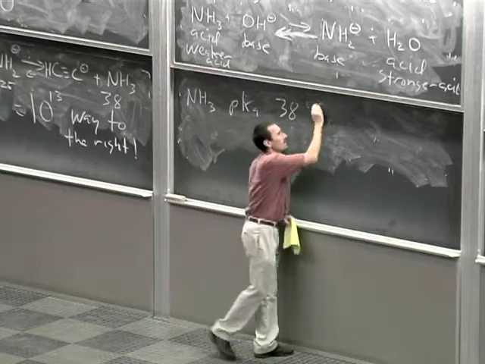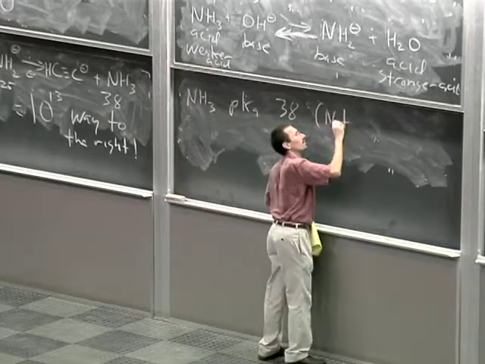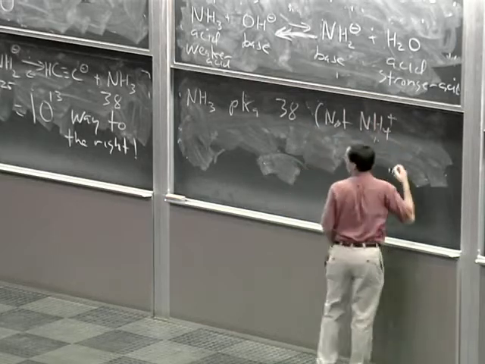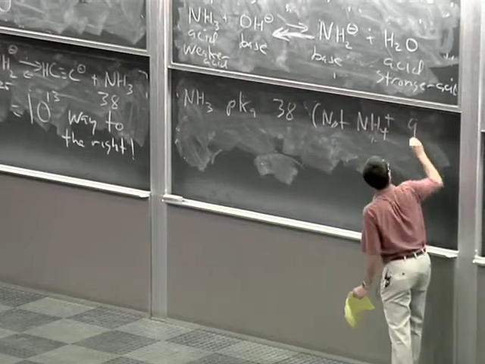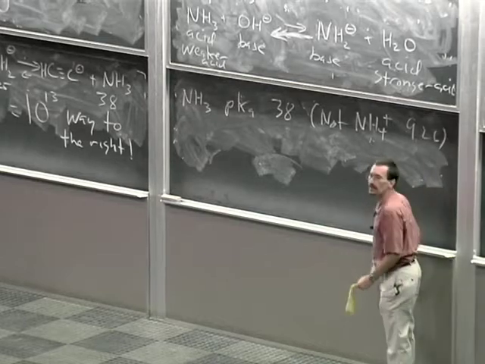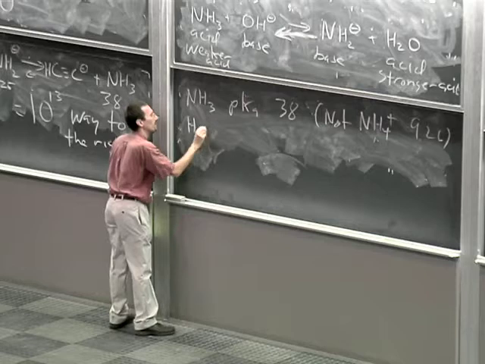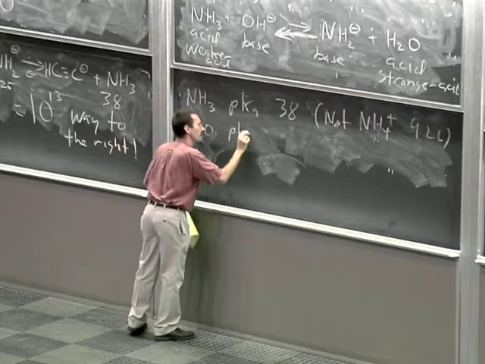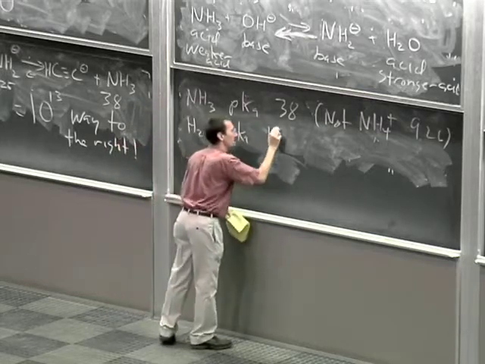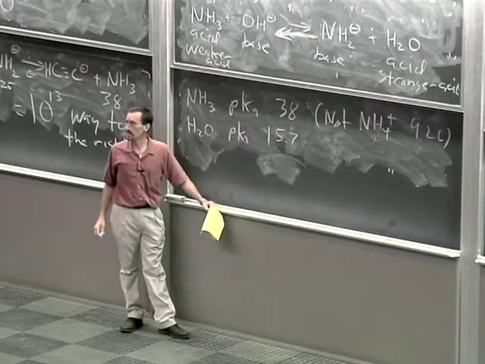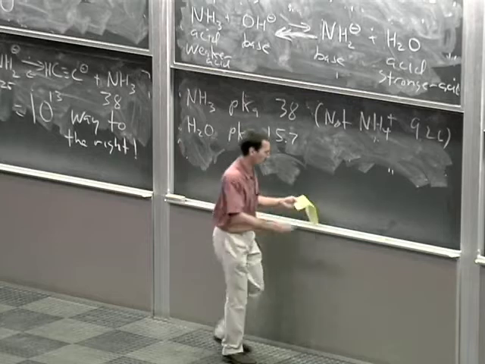not ammonium, which has a pKa of 9.26. And water has a pKa of 15.7, not hydronium, which has a pKa of negative 1.7.